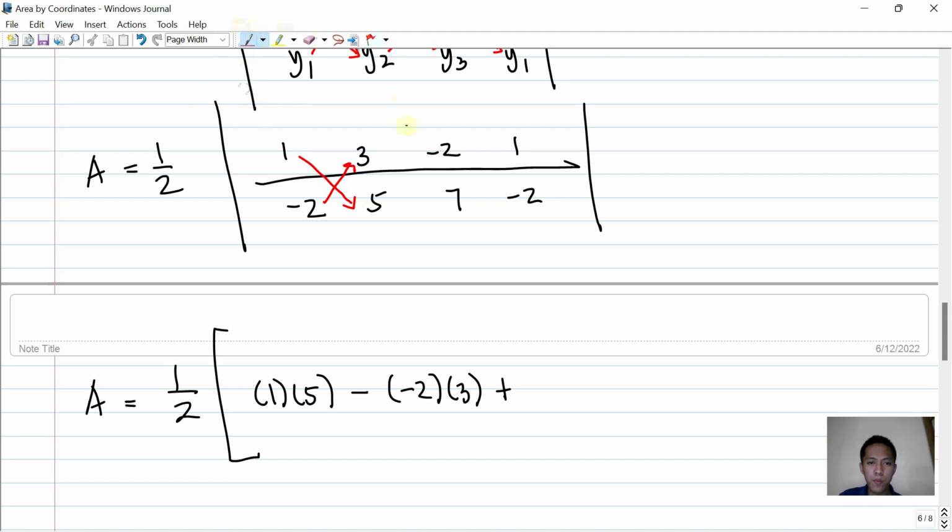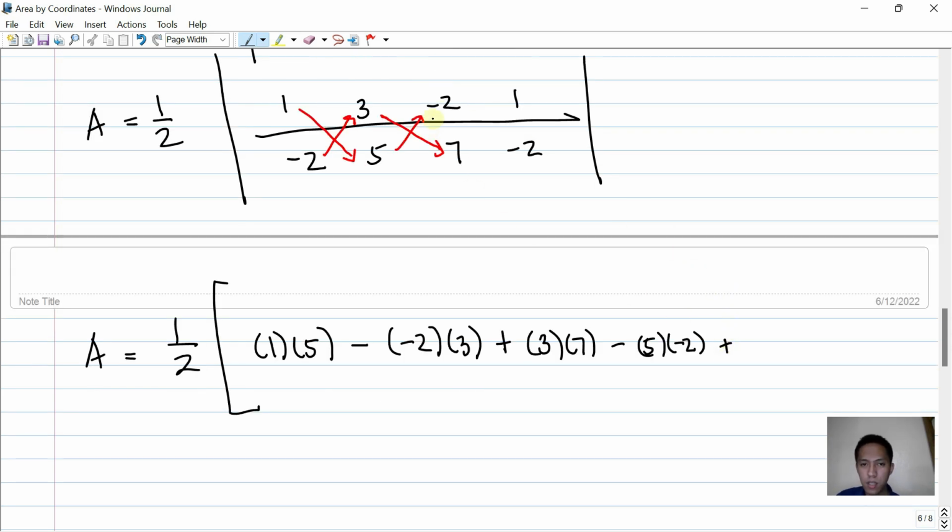So plus, we have here 3 times 7, minus 5 times negative 2, and we have plus, so that is negative 2 times negative 2.